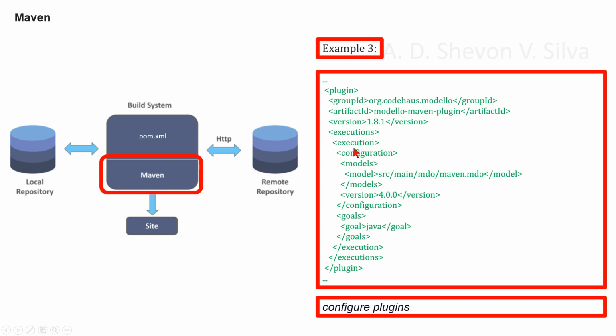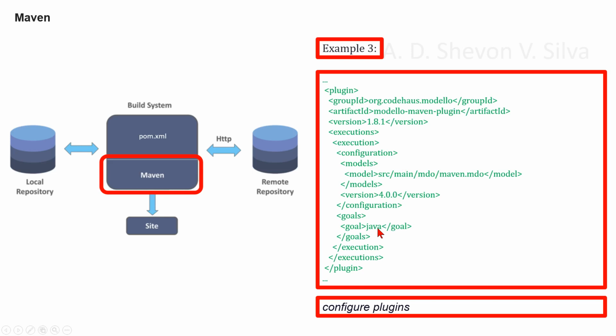For example, here the Modello plugin binds by default its goal, modello-java, to the generate-sources phase.